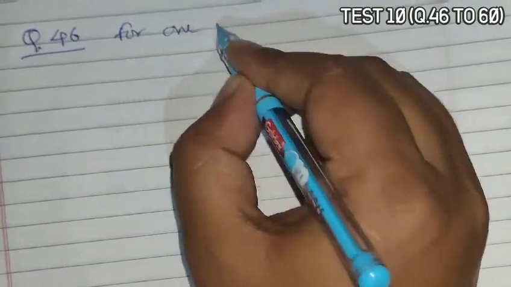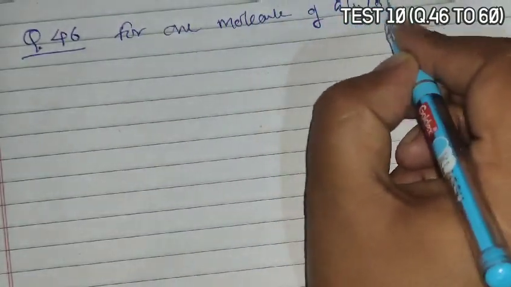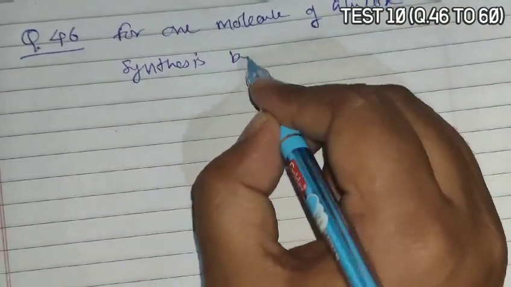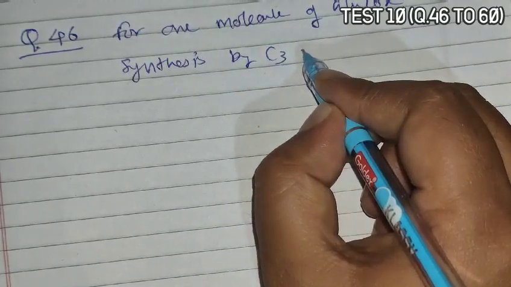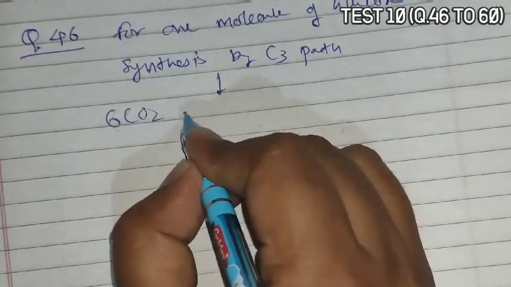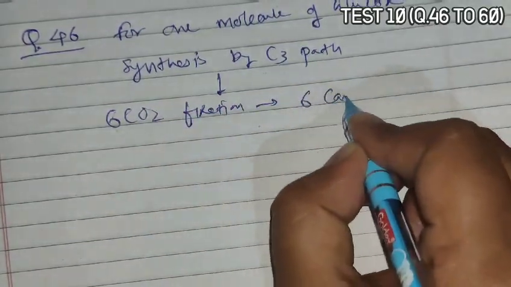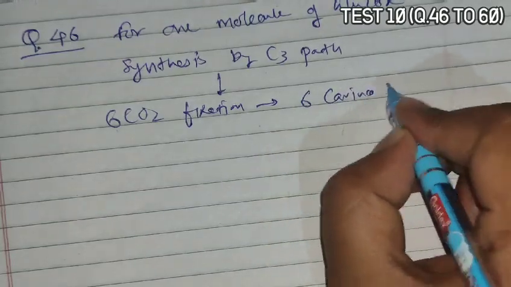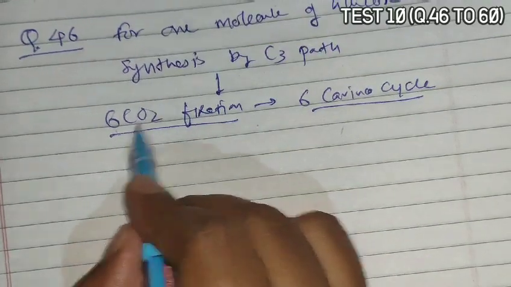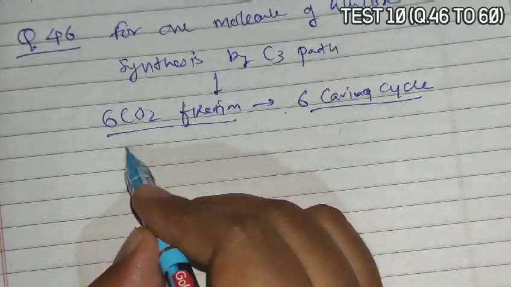For one molecule of glucose synthesis by the C3 path, 6 CO2 fixation occurs. So 6 Calvin cycles run.